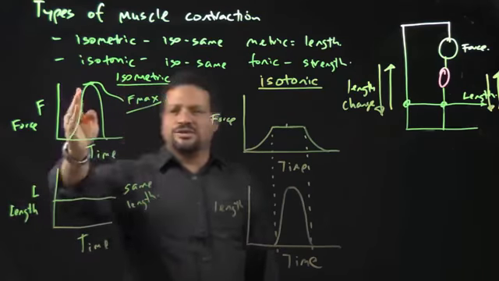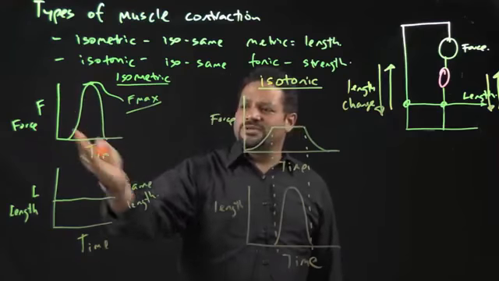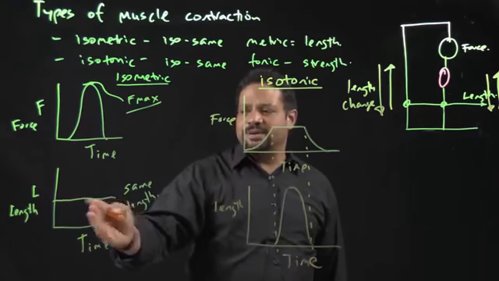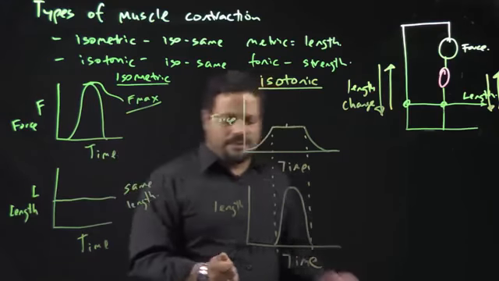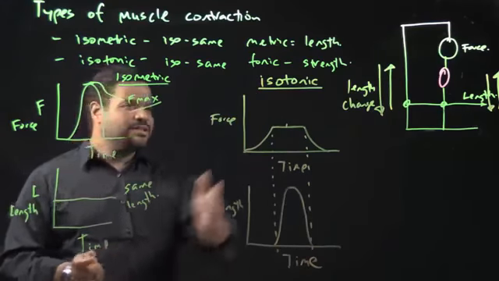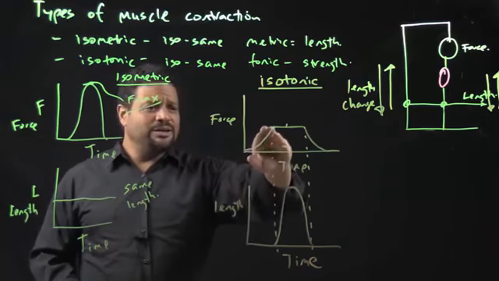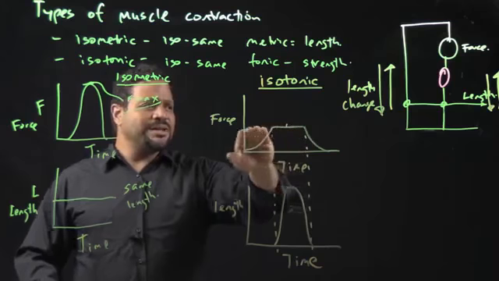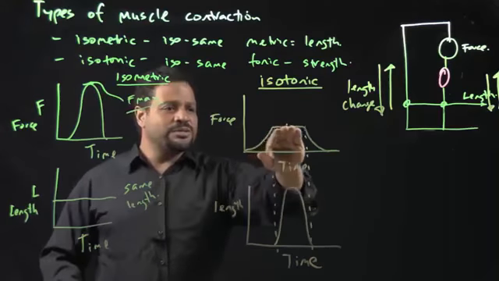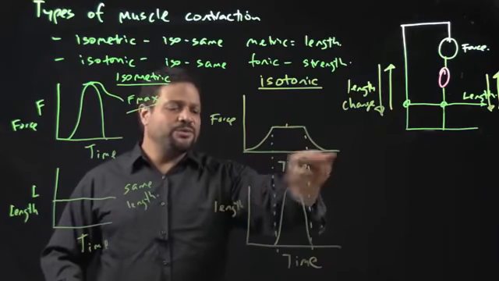Here for isometric is force versus time, length versus time. You can see that the length stays constant and the force has a bell curve. Isotonic contraction, the force increases until the muscle can move the object that it's attached to, and then that force remains constant, and then the force goes back down.